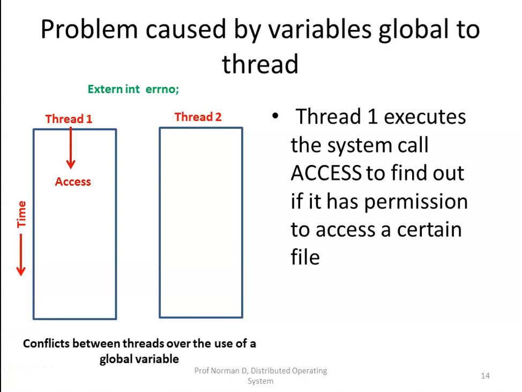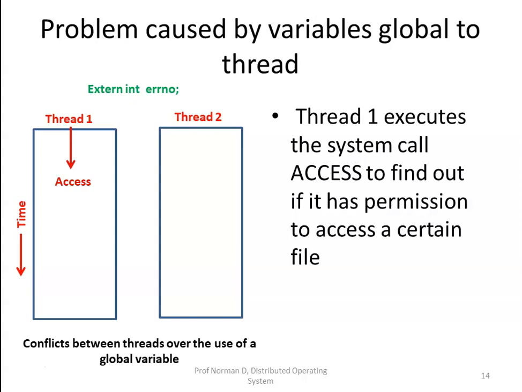This may have local variables, global variables, and procedure parameters. Local variables and parameters do not cause any trouble, but variables that are global to a thread but not global to the entire program do cause trouble.